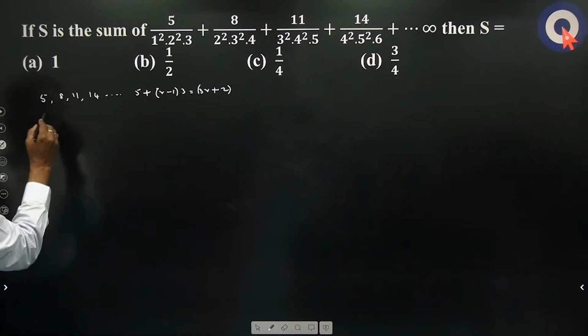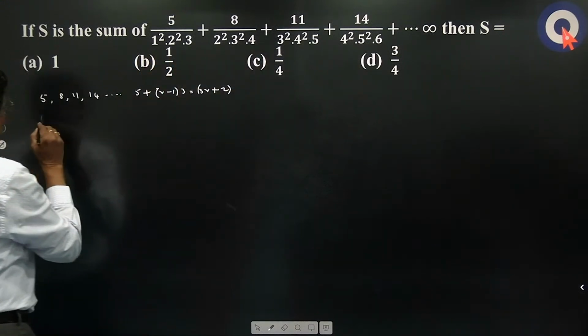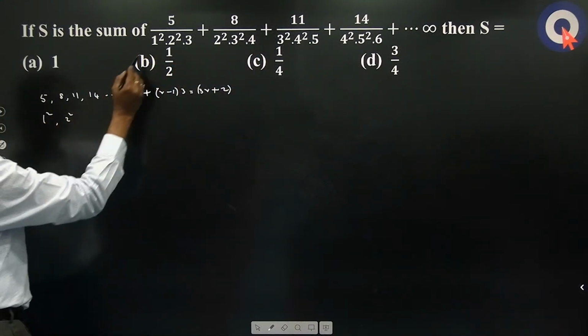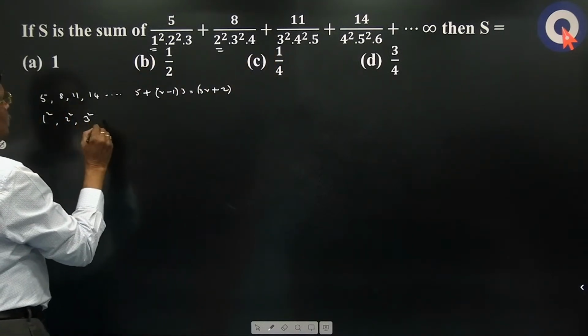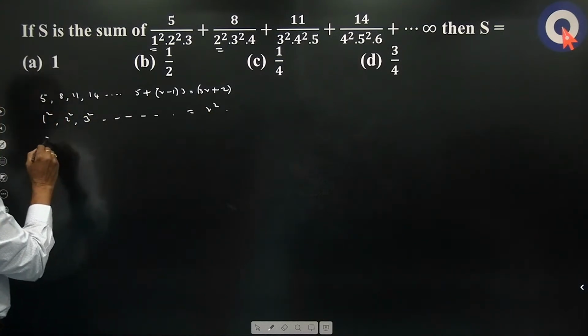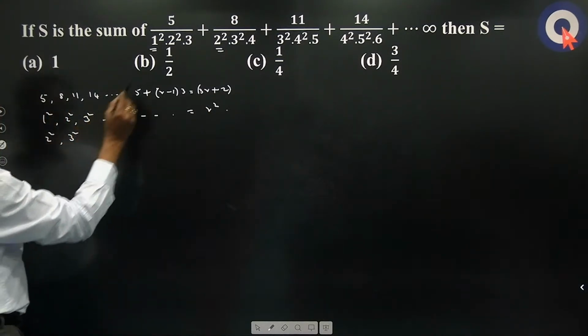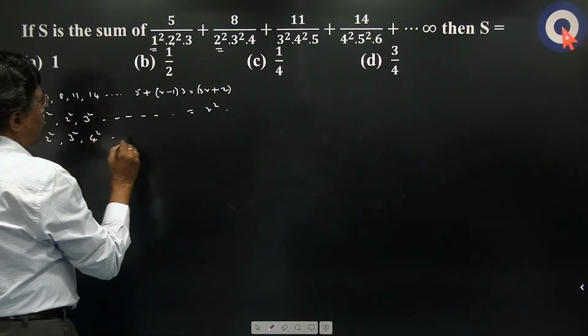Then we have, you see this 1, 2, 3. So like that 1 square, 2 square, 3 square, so you get r square. And then 2 square, 3 square, 4 square and so on.